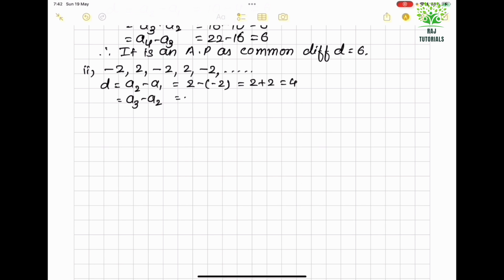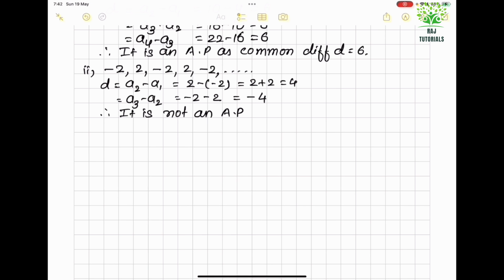A3 is minus 2 minus the second term, which is 2. So this is minus 4. So see, I didn't get D common here, that is, I didn't get 4. So I can say therefore it is not an AP. Directly I can write, because once I find that a term is not satisfying, why should I say, okay, let us check ahead, because it didn't come.